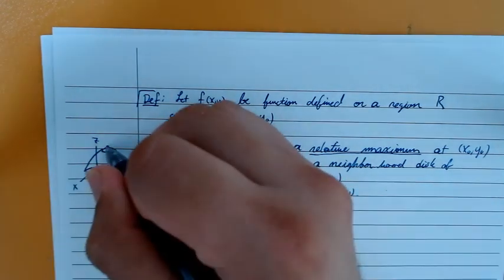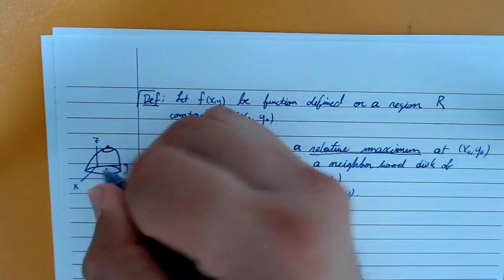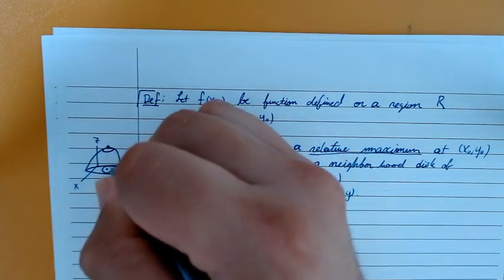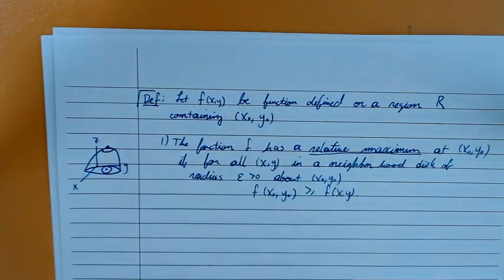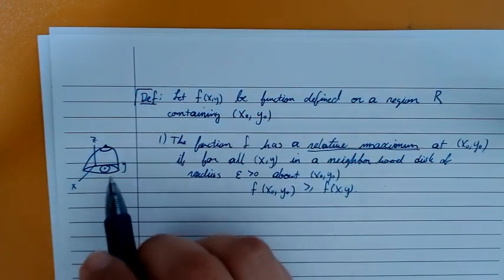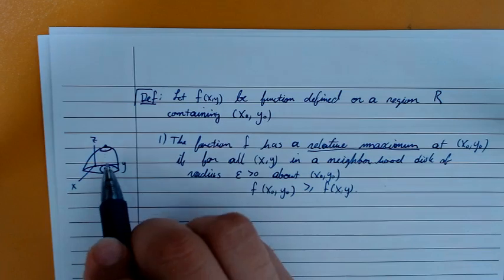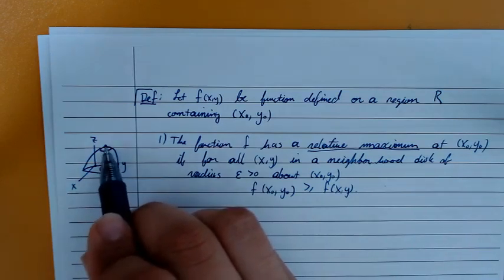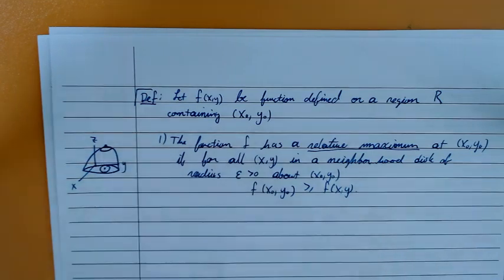And so here, if you project that point down onto the domain, there's some little neighborhood of some radius epsilon. We don't know what epsilon is, but it's just some positive number, probably small. And for every point in that neighborhood, notice that that point is higher than anything around it.